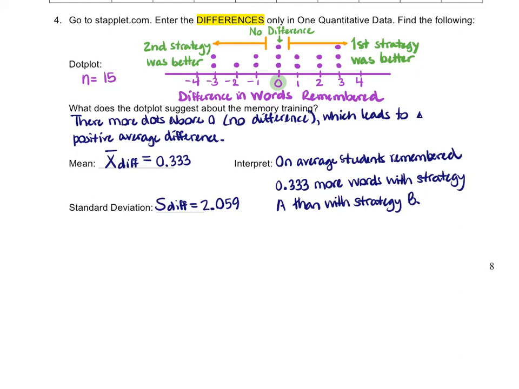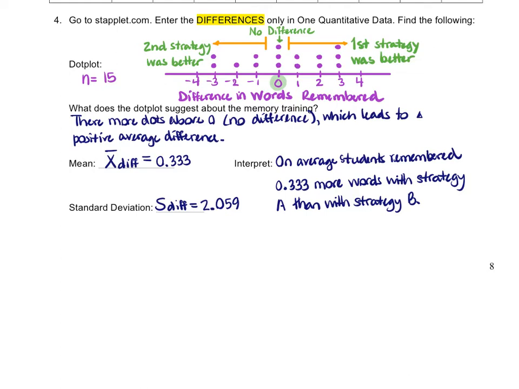If there is a positive difference, then that means that strategy number 1 was better because we did A minus B. If we have a negative difference, then it means that the second strategy, strategy B, was better. Altogether, we have 15 dots, and that means that later on we're going to be needing degrees of freedom, which is why I'm noting the sample size here.